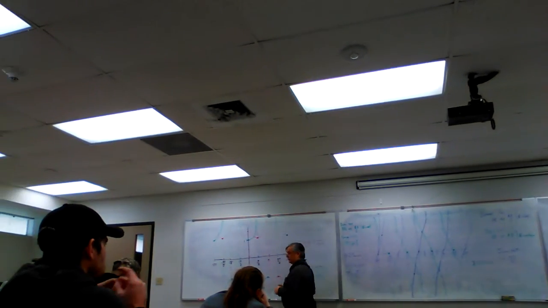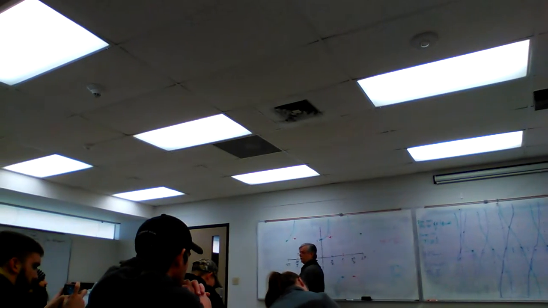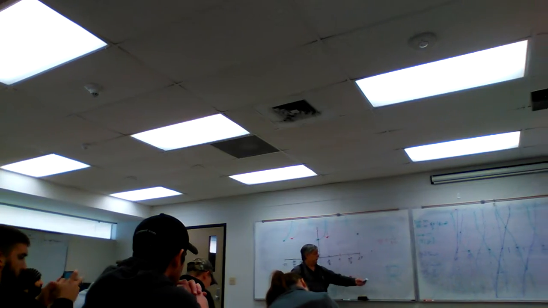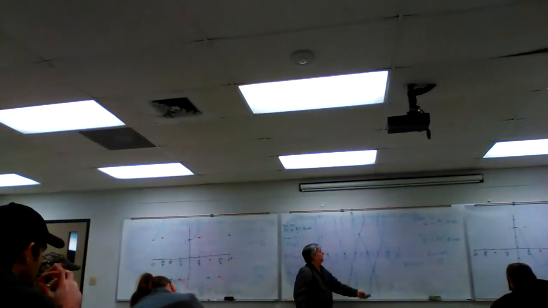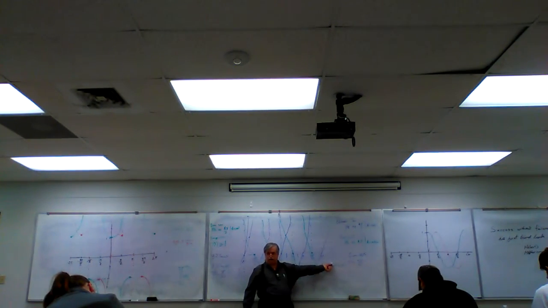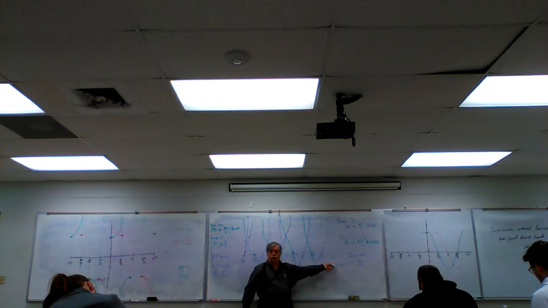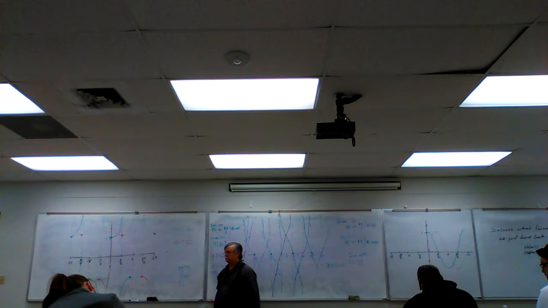The angular frequency or angular velocity would change the periods. So it would become, again, what's the period of cotangent? Pi. So the period of cotangent omega x would be pi over omega.